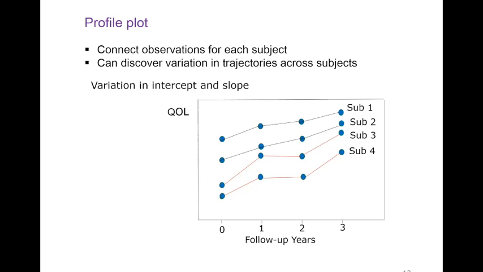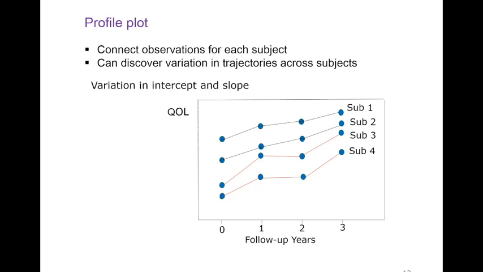Slope, interpreted as the rate of change over time, is similar for subject 1 and subject 2. And if you look at subject 3 and 4, they show a different pattern, right? They increase from baseline to year 1, then level off, then after year 2 they increase again.